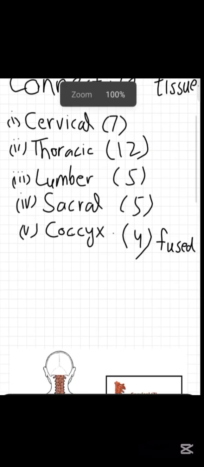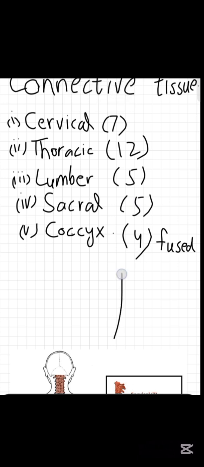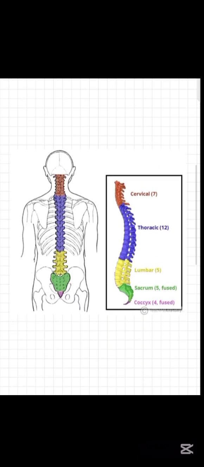Okay, let's see all of them via a diagram. As you are looking at the diagram, there are five regions. The red one is cervical, which covers the neck region of the body. These are ribs, and the thoracic region covers the rib area, the trunk area, where the majority of vital organs are present.